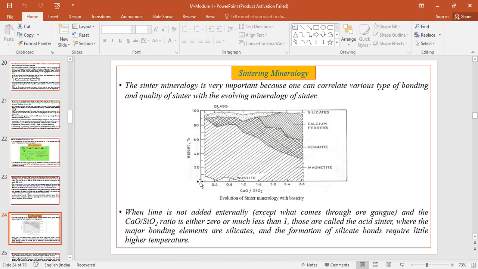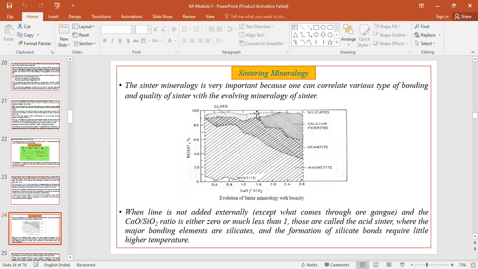Then the kind of bonds formed are all silicate bonds, and the formation of these silicate bonds requires a very high temperature.